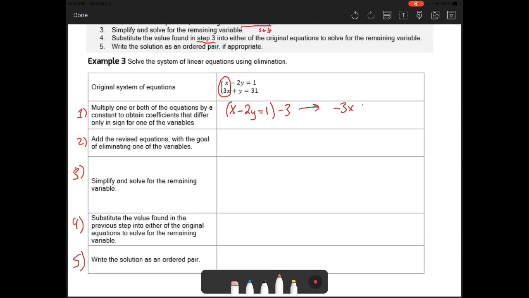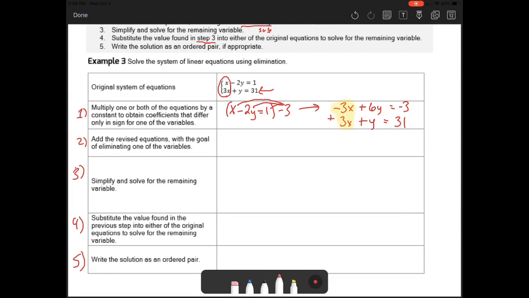That's going to give me negative 3x plus 6y equals negative 3, because I distributed that negative 3 into all of the terms. So then I'm going to add 3x plus y equals 31. As you can see, that's our second equation right here. And they're opposites now.